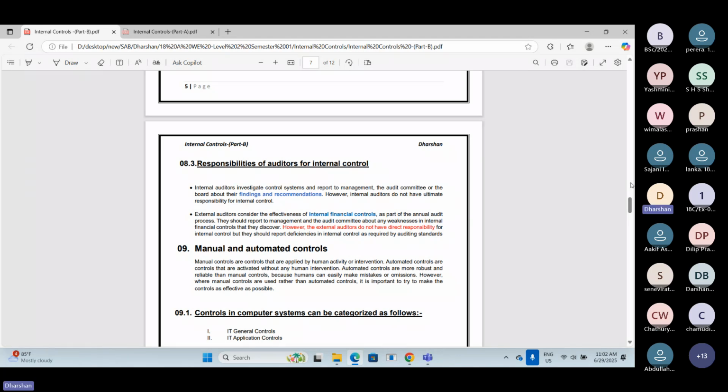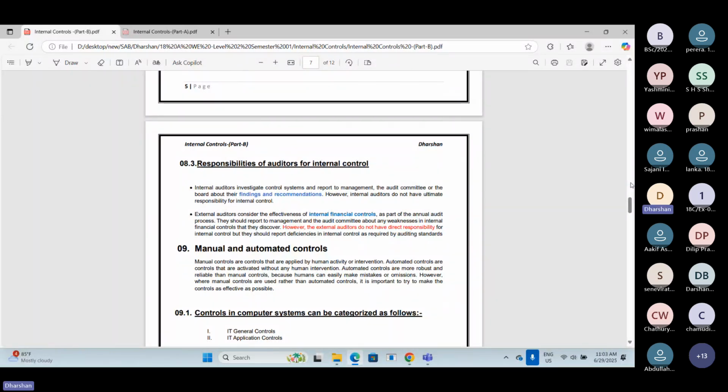I will write it on the whiteboard again in the physical class. So here you just write on the left side internal auditor, and on the right side external auditor. So internal auditor's responsibilities are in relation to internal control.